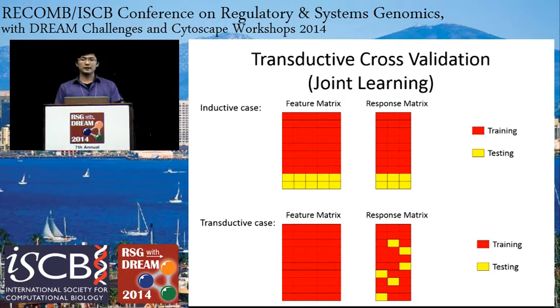In an inductive setting, the training set and testing set are split exactly the same way in the response matrix. As a result, the test instances can be held out in both the feature matrix and the response matrix during training.